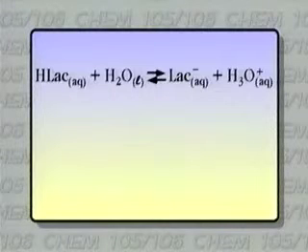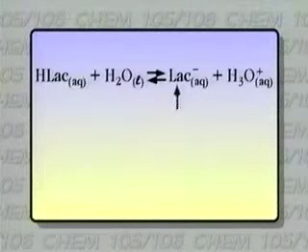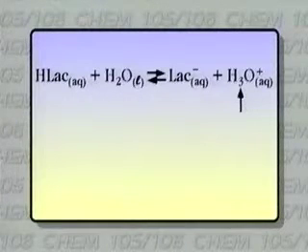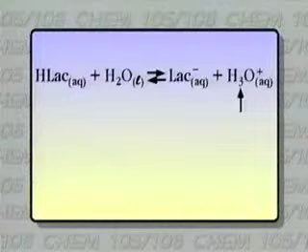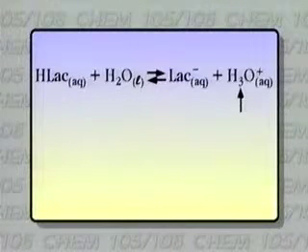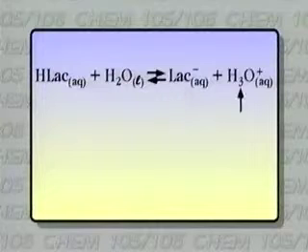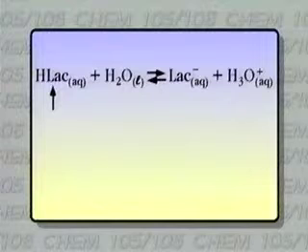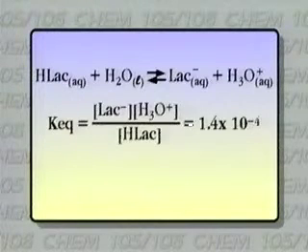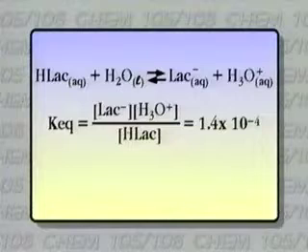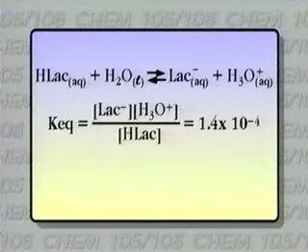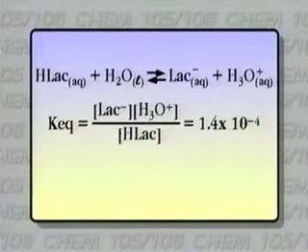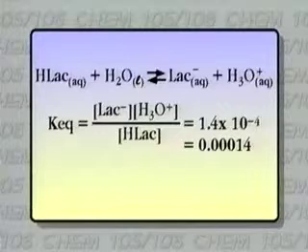Again, we would write an equilibrium expression of lactate times hydronium. Again, let me emphasize that it's multiplied by, not a plus sign in the equilibrium expression. Concentration of this multiplied by the concentration of this divided by the concentration of the lactic acid. Now, when we look at this equilibrium, we see that it has a numeric value 1.4 times 10 to the negative fourth, which means 0.00014.